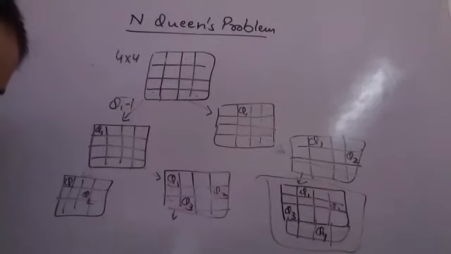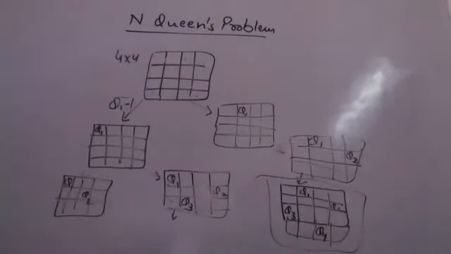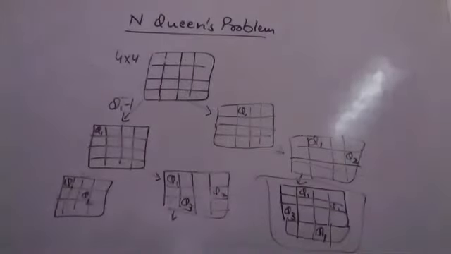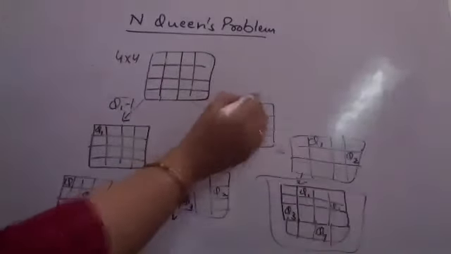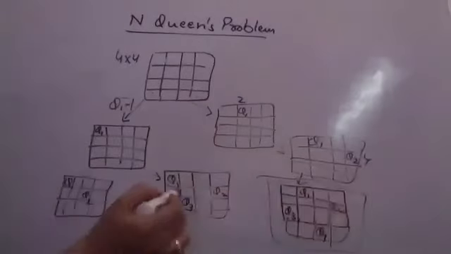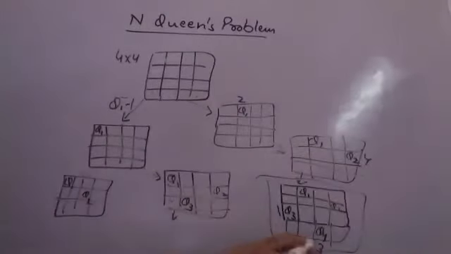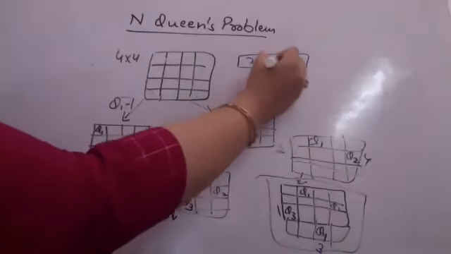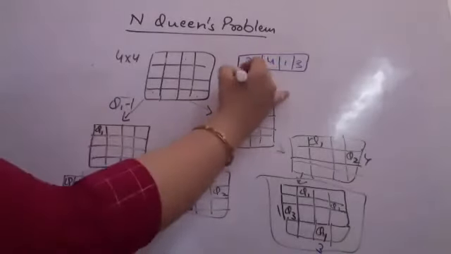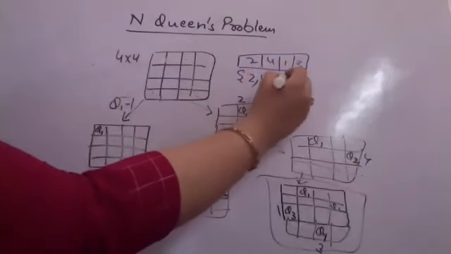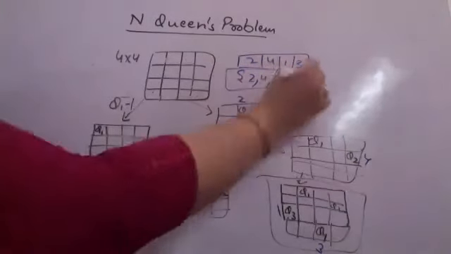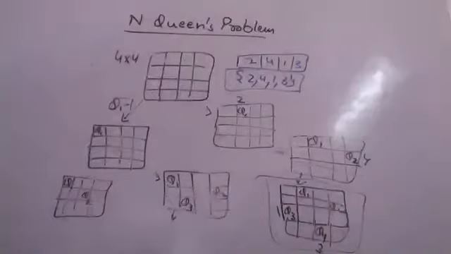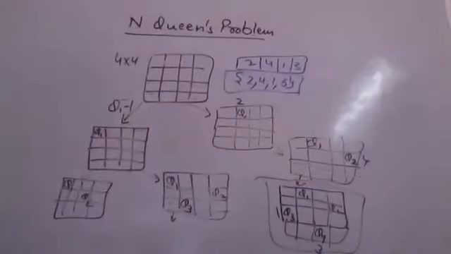Now if I represent this solution, it is 2, then 4, then 1, and this is 3. So the solution that you will be representing is 2, 4, 1, 3, or you can represent it in whatever form you like. This is one possible solution to the 4 queens problem using backtracking.